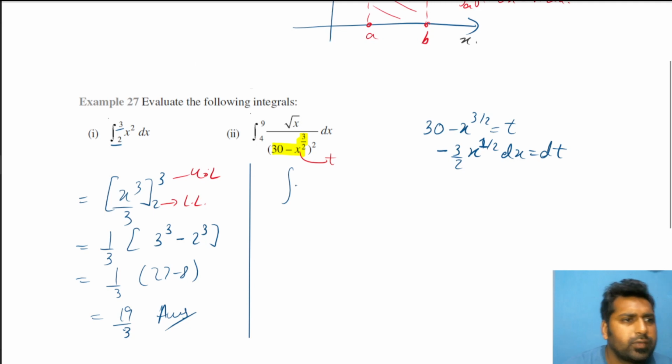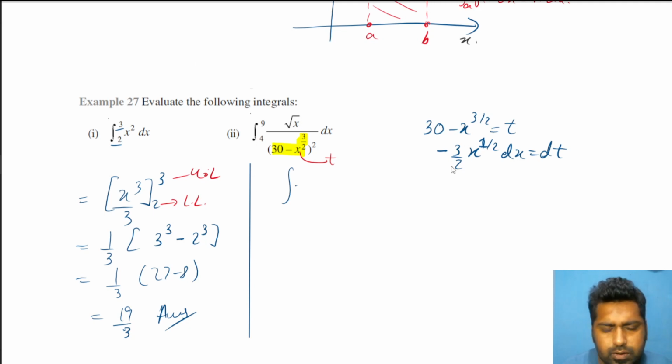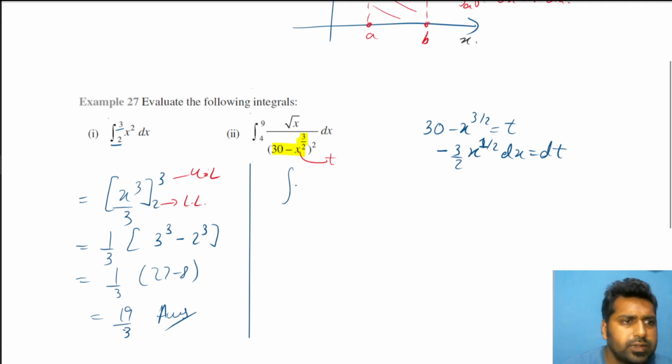Now in order to substitute this, we have this root x, that's basically the same thing as x raised to power 1 by 2. All we need is minus 3 by 2, so multiply and divide. So put minus 3 by 2 here, then in order to cancel this, put minus 2 by 3 outside.